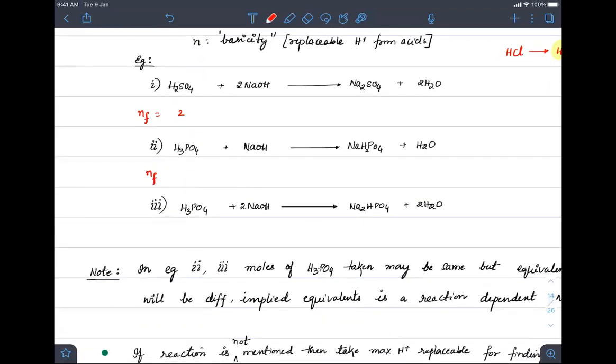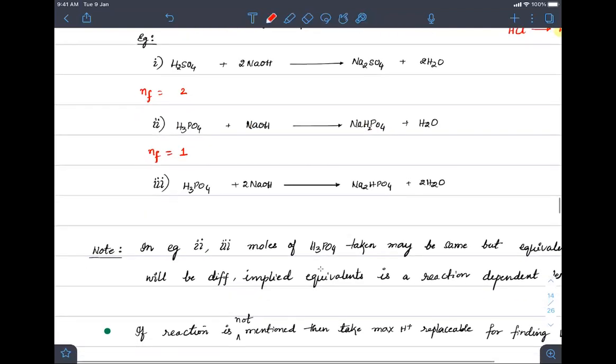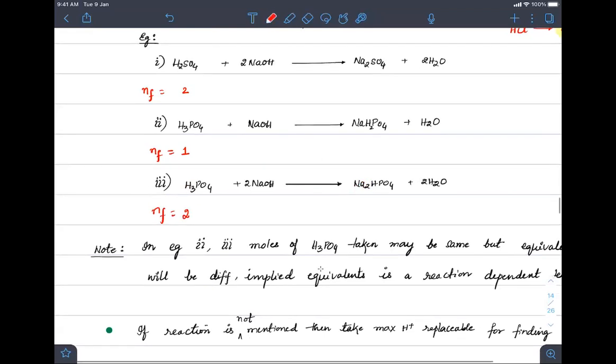Similarly, here for H3PO4, two hydrogens remained. Only one hydrogen is involved and one sodium got exchanged. So here the N factor is 1. And here, out of these 3 hydrogens, 2 hydrogens were replaced by sodium. So we can say the N factor in this case is 2.